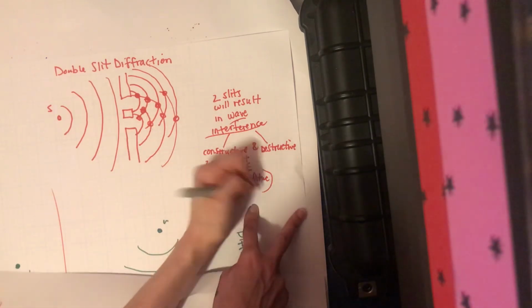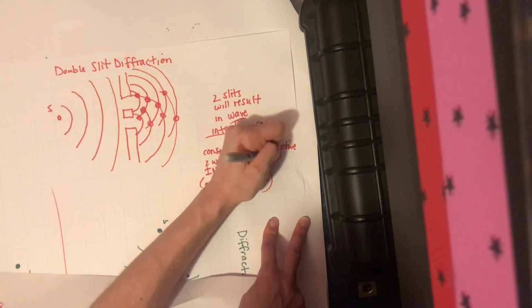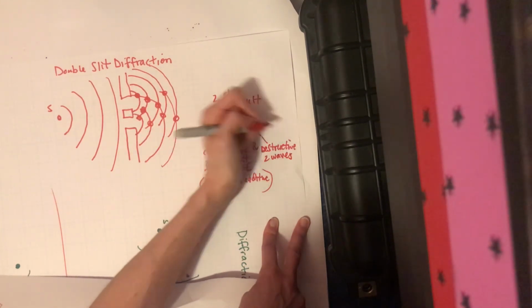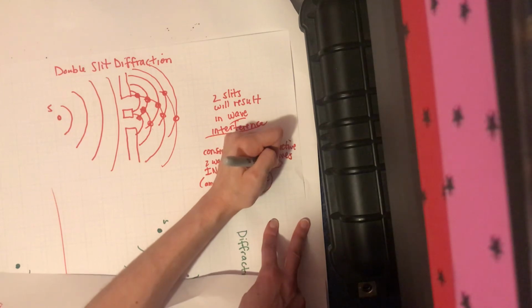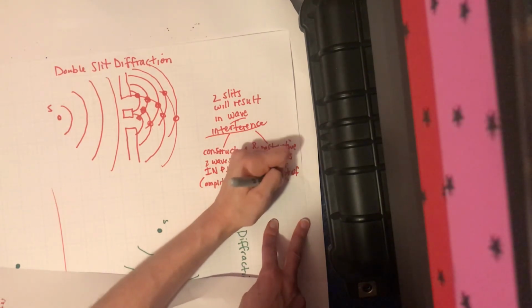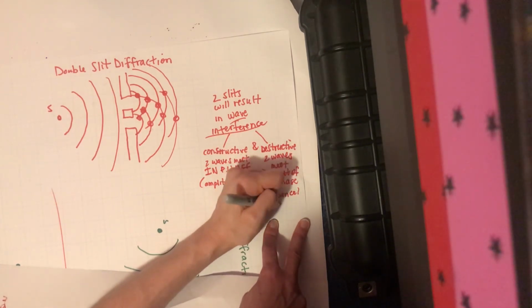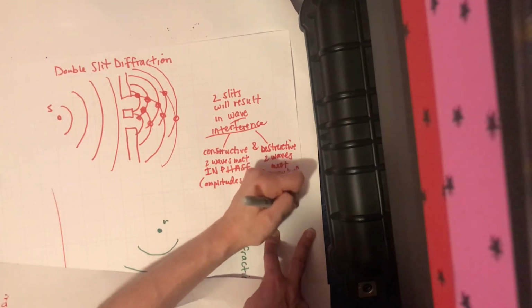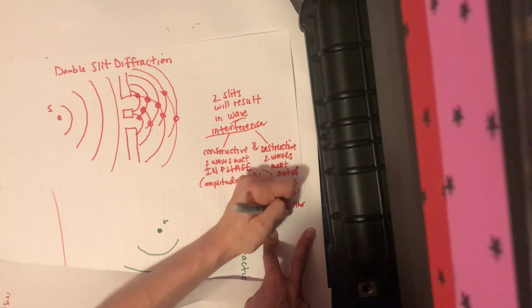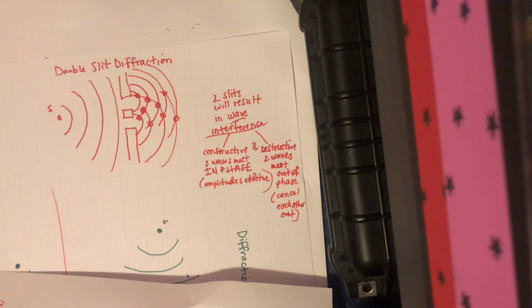When destructive interference happens, 2 waves meet out of phase with each other, meaning they cancel each other out. So I'll do more about wave superposition and wave interference in the next video.